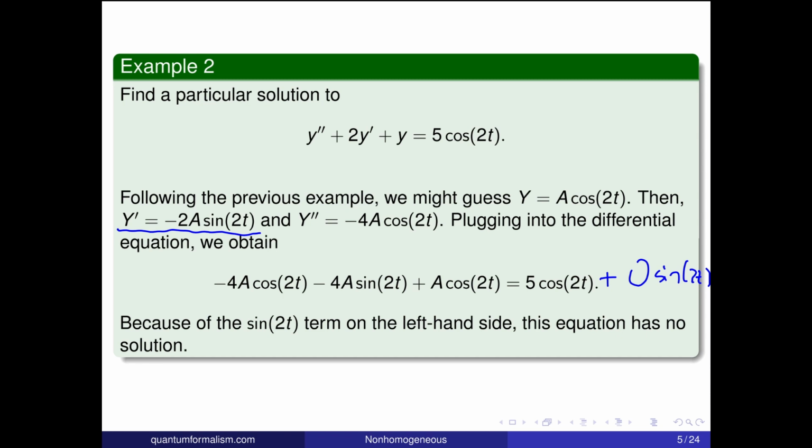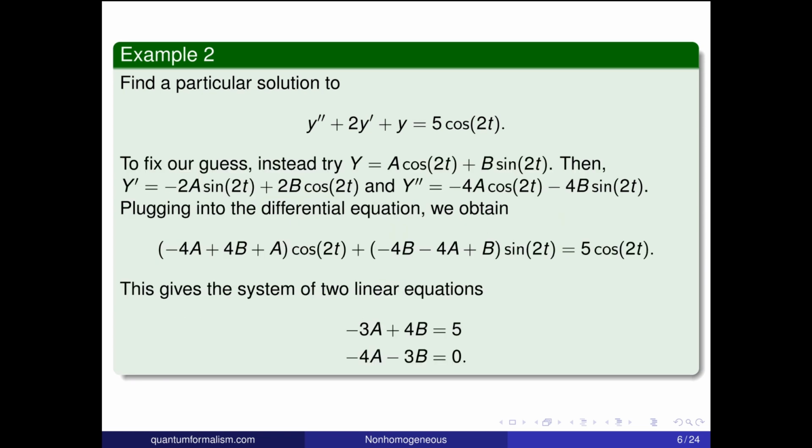All right. So that's not going to work, but there's an easy fix. We just have to include a sine of 2t term in our guess. So instead, we'll guess capital Y equals A cosine of 2t plus B sine of 2t. So now we have 2 of these undetermined coefficients, so the algebra will be slightly harder in the end.